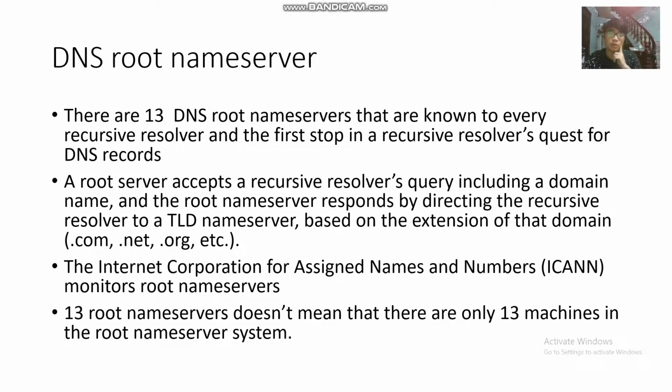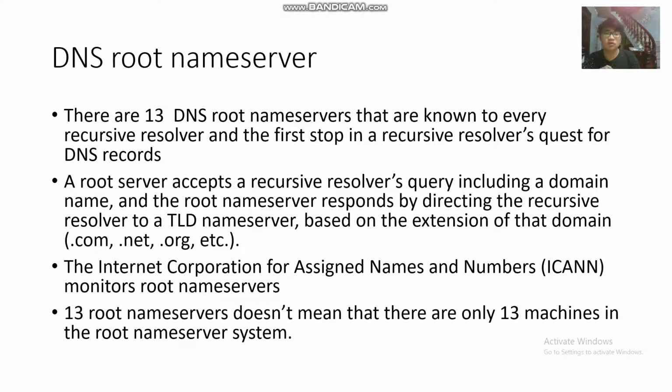We continue with the other type of DNS server, the DNS root name server. There are 13 DNS root name servers that are known to every recursive resolver, and it is the first stop in the request for DNS records.